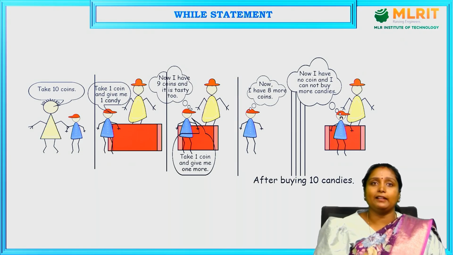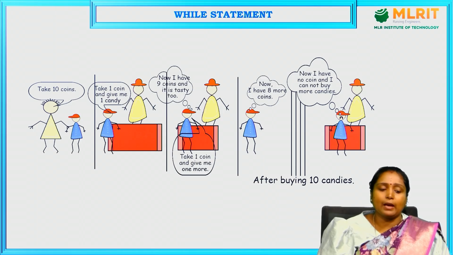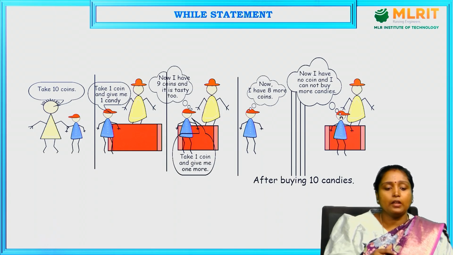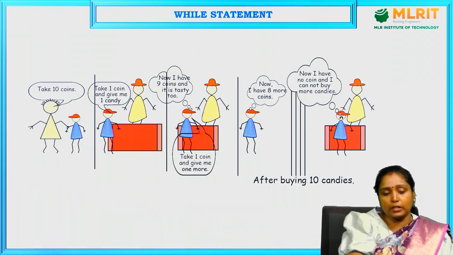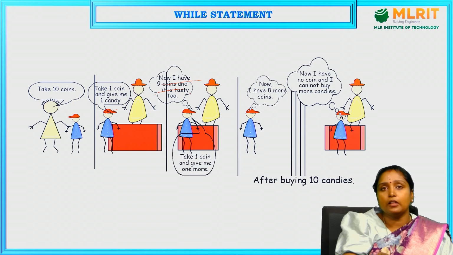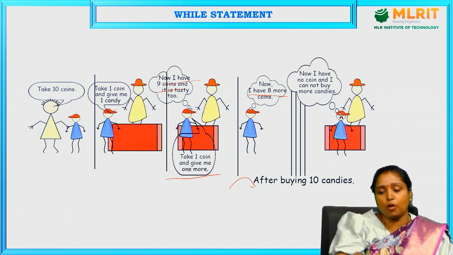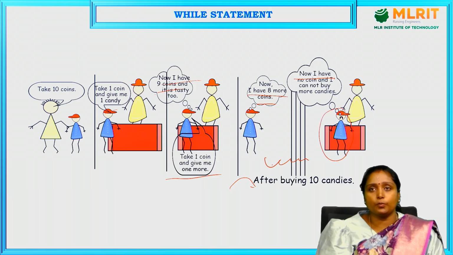First, coming to the while statement. This was a small example. A person is having 10 coins. So he takes one coin and asks to give one candy. Now how many coins are remaining? 9. As it was tasty too, again he will take one more. Similarly, he has 8 coins, and the same thing will repeat until this person has no coins to buy the candies.